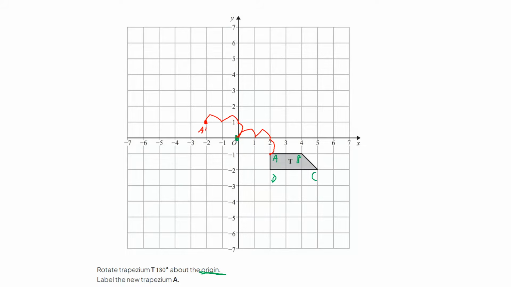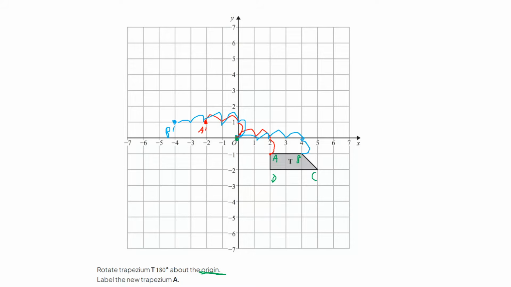The same thing works for B. We need to go 1 up and we need to go 1, 2, 3, 4 across. So let's go 1 up again, and let's go 1, 2, 3, 4 across again. B prime. Okay?